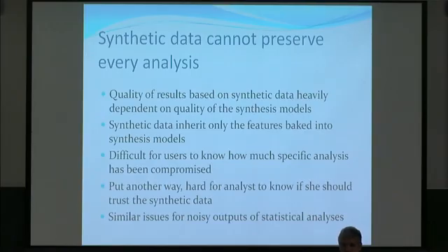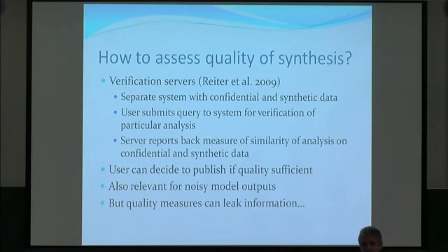Maybe the relationship is quadratic, and we threw in a linear model. So we might get a close estimate of a completely terrible fitting model. I think these issues are big. They apply to every kind of disclosure protection method out there. So how do we assess the quality of synthetic data or of any kind of noisy output?